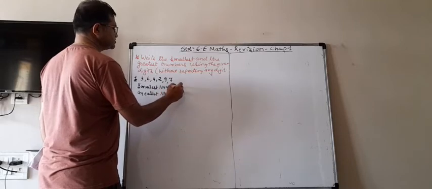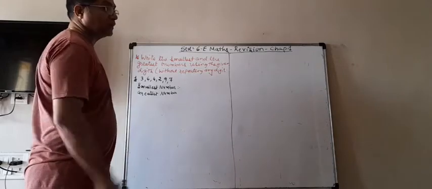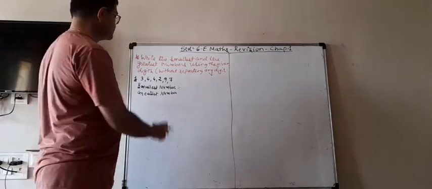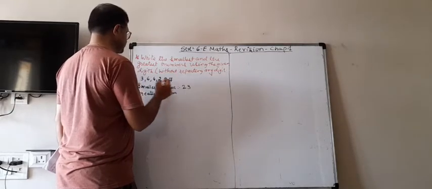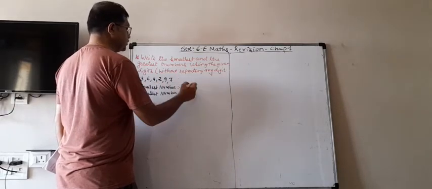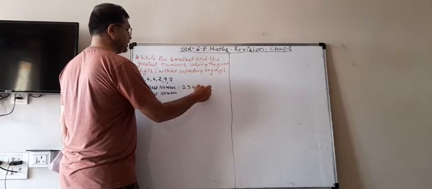To write down the smallest number, you have to start from the smallest digit. So here 2 is the smallest digit, then 3, then 4, then 6, 7 and 9.